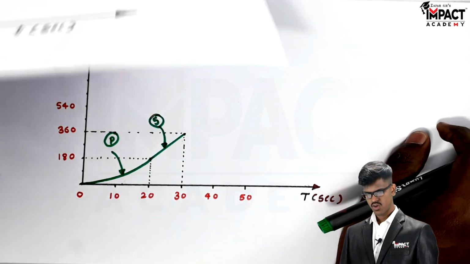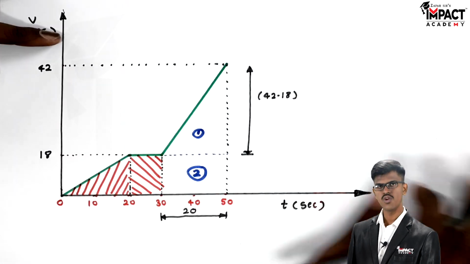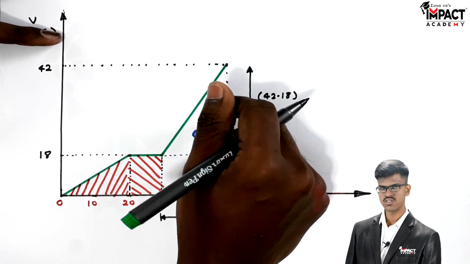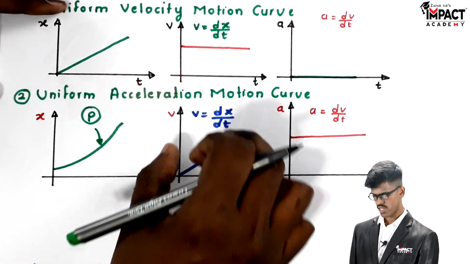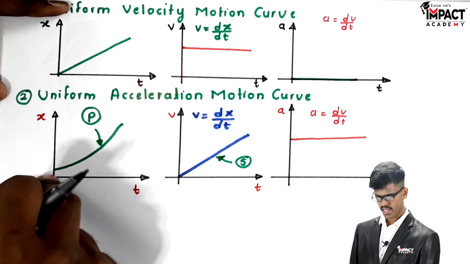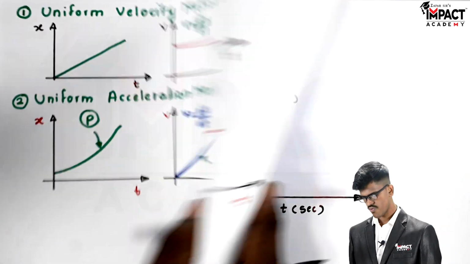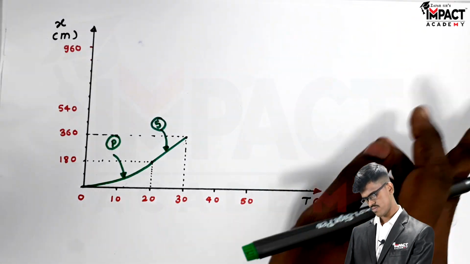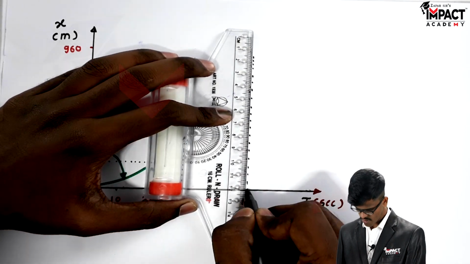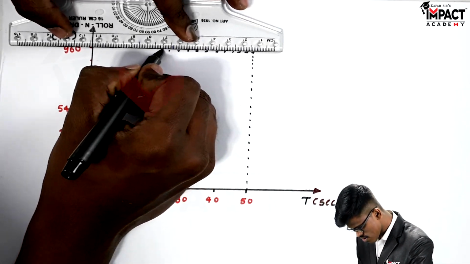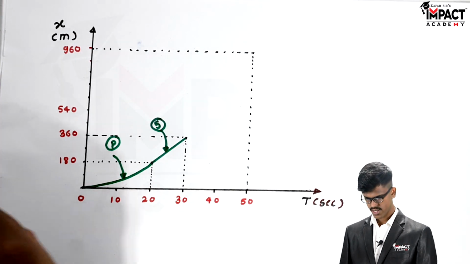Again, from 30 to 50, the rate of change of velocity is constant. So if we see the standard motion curve, here velocity is inclined, then the graph of the displacement is parabolic in nature. So we just draw a parabola, with the increasing nature, not a decreasing.